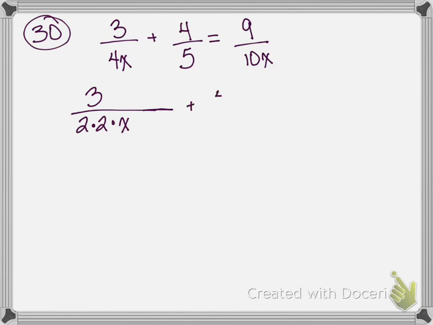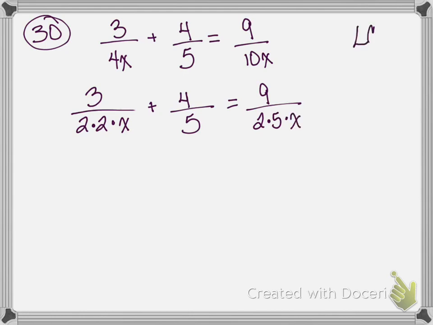Now, 5 doesn't break down at all, so I can just leave it 5. But 10 does break down to 2 times 5 times x.